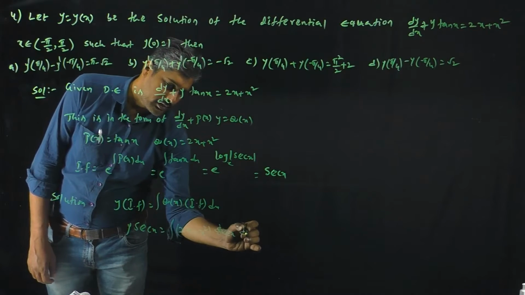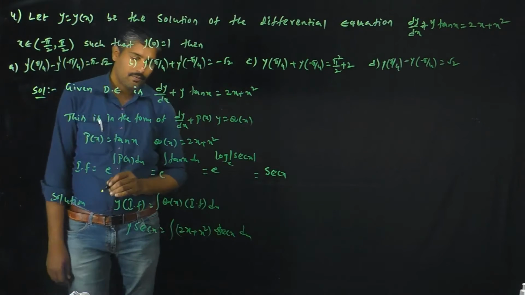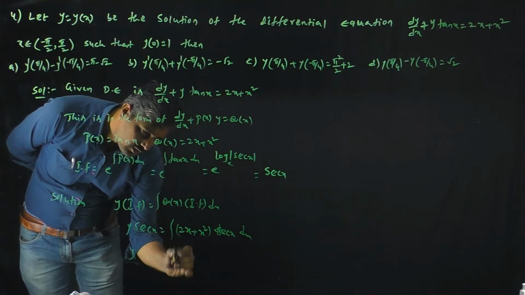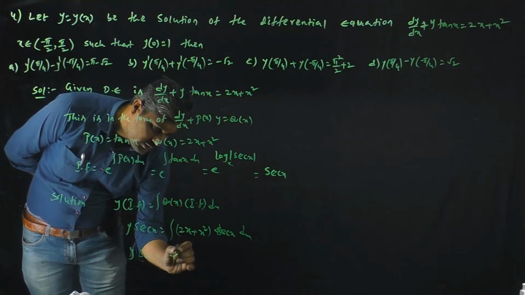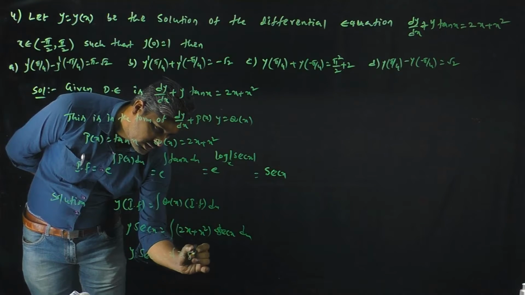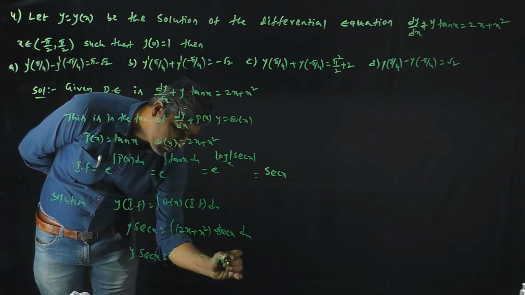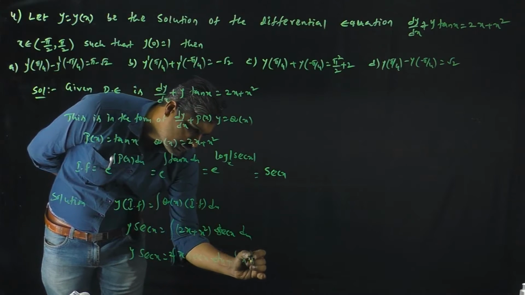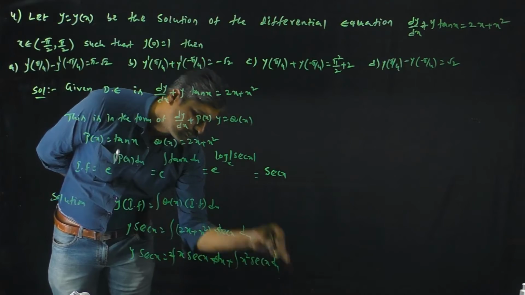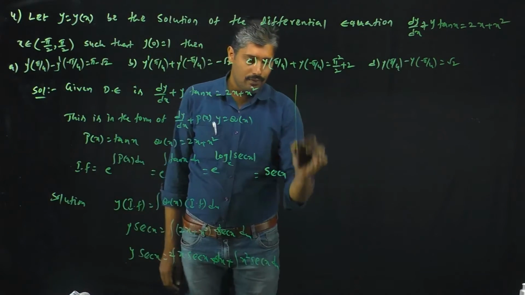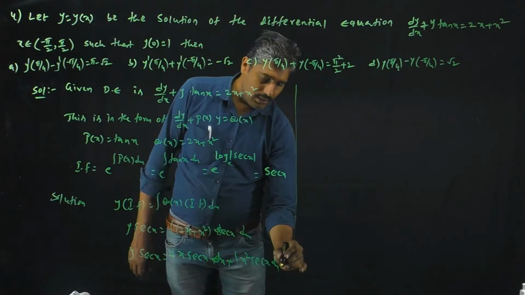Separating the integrals, that is 2 into integral x secant x dx plus integral x square into secant x dx. This is equation number 1.